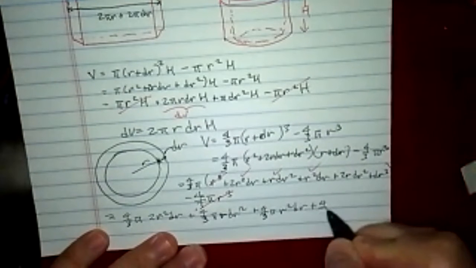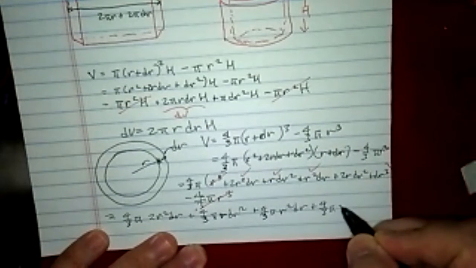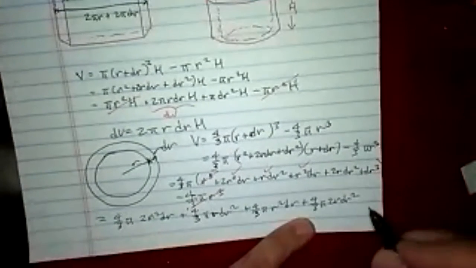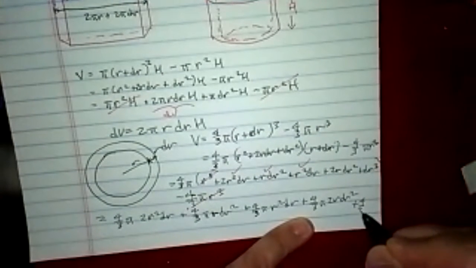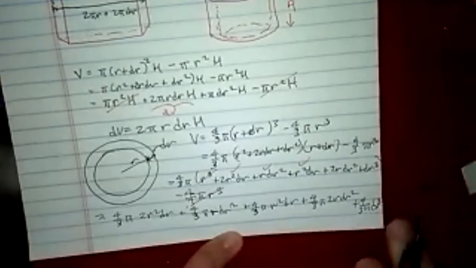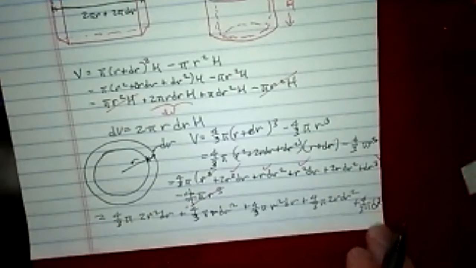Plus 4/3 pi times 2r dr squared. Plus 4/3 pi dr cubed. So that's actual dr cubed there. Okay.